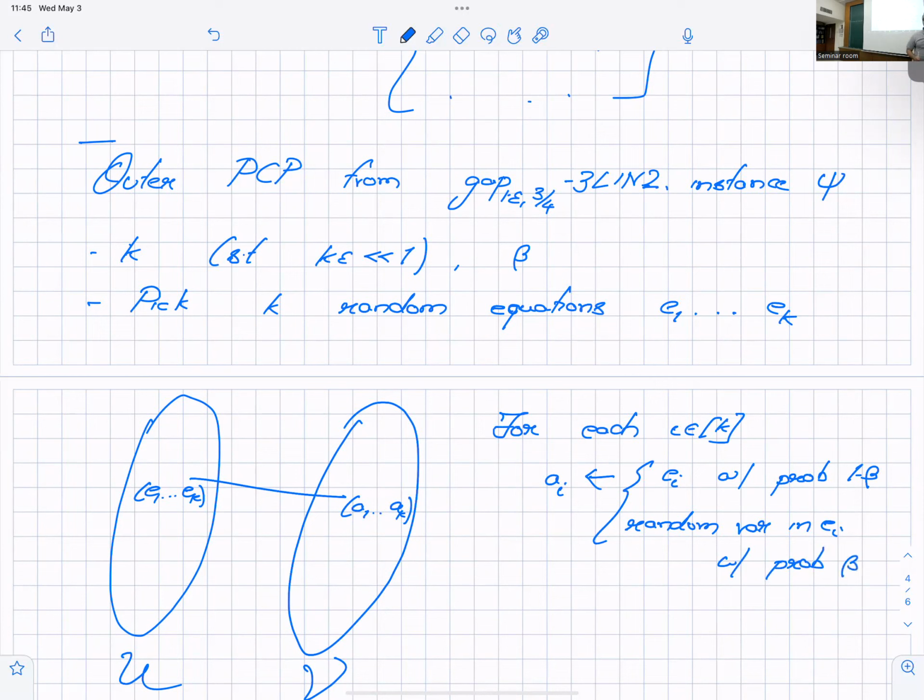So either you give the entire equation E_i, or you pick one of the variables that participate in the equation and just give that one.